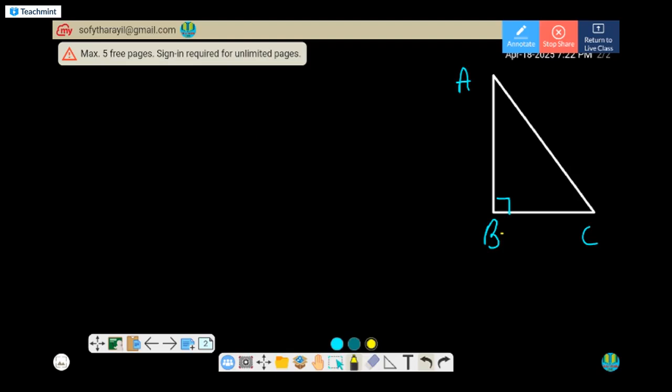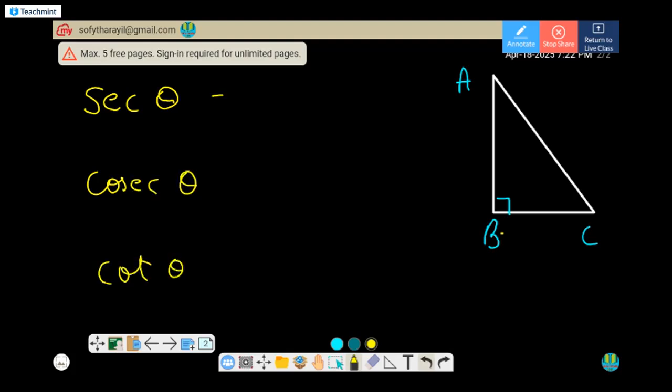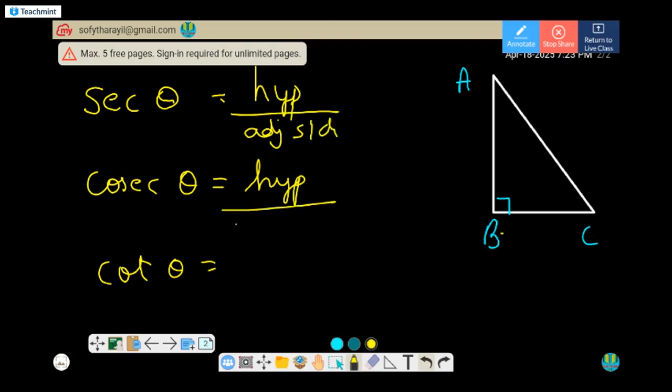So let's quickly summarize and write it. I'll give it to you for sec theta, cosec theta, and cot theta. Sec, cosec, and cot will have hypotenuse. Cosec will have hypotenuse on the top. Sec will have adjacent side, and cosec will have opposite side in the denominator.